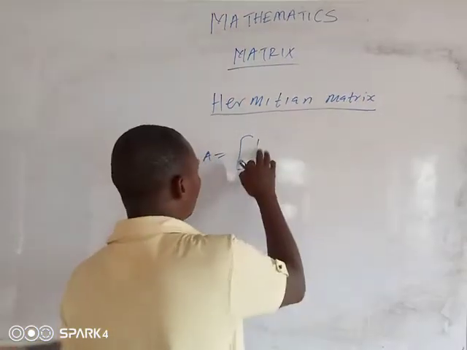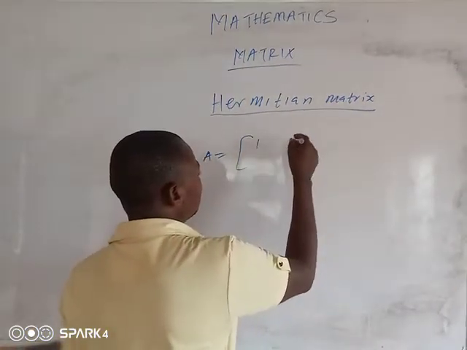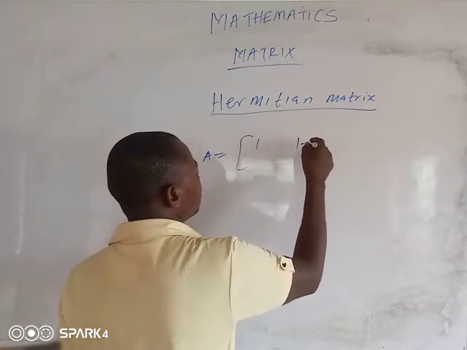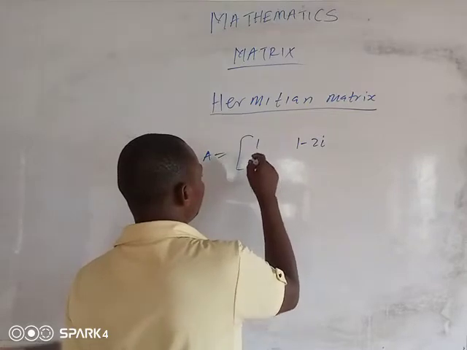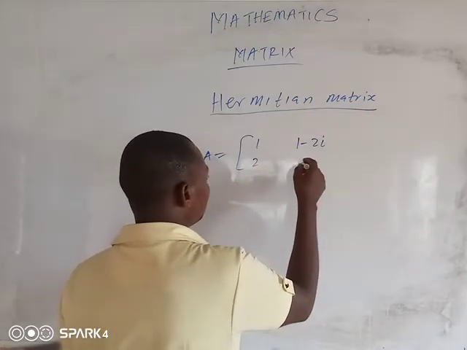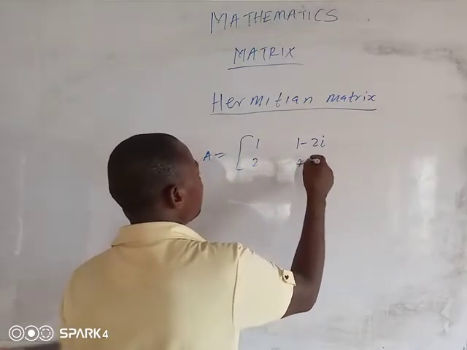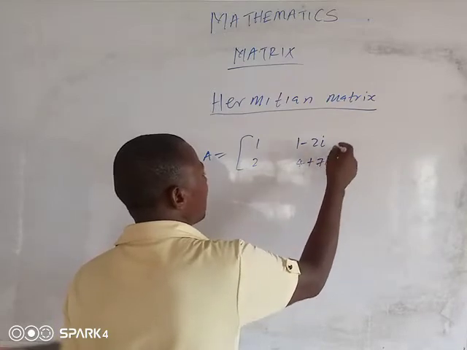So this is 1, then I can have 1 minus 2i. So this is 2, so I can say 4 plus 7i.